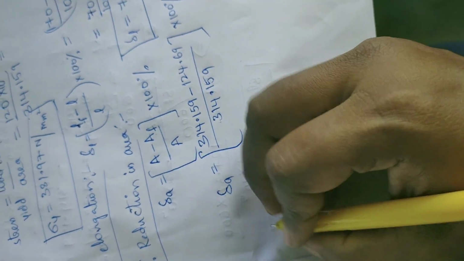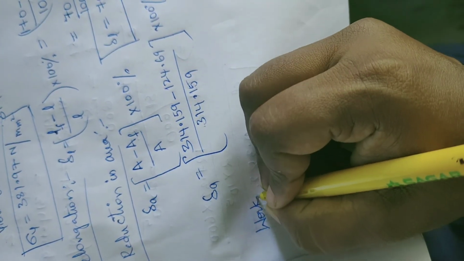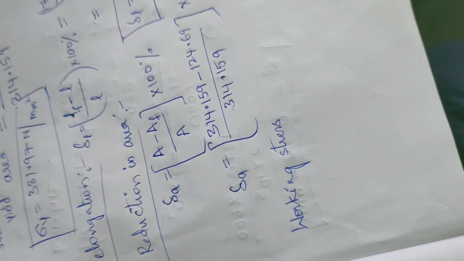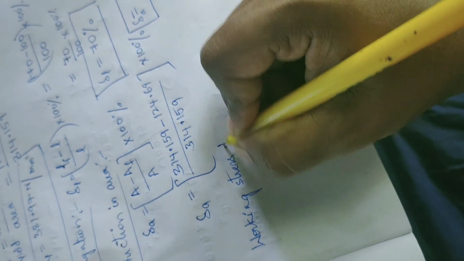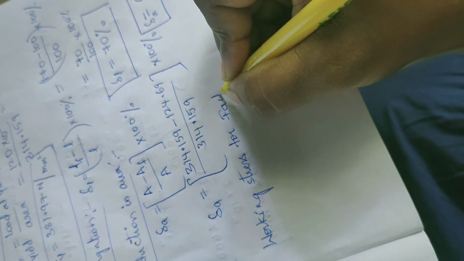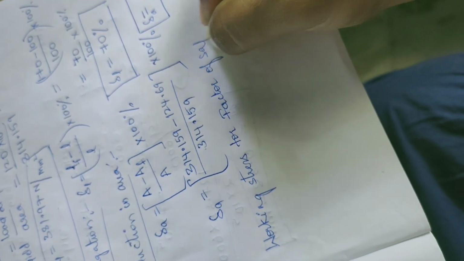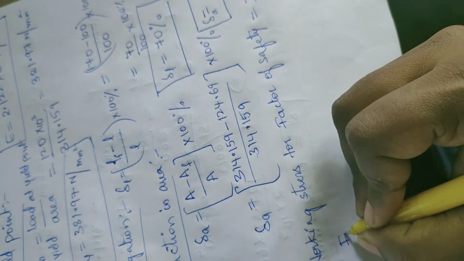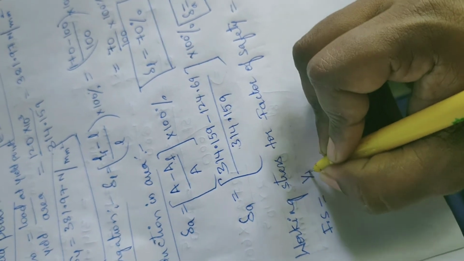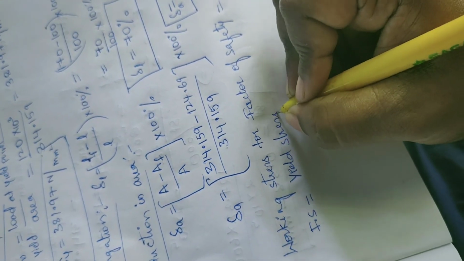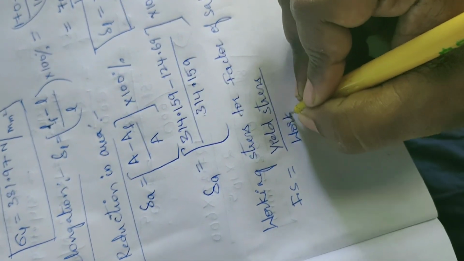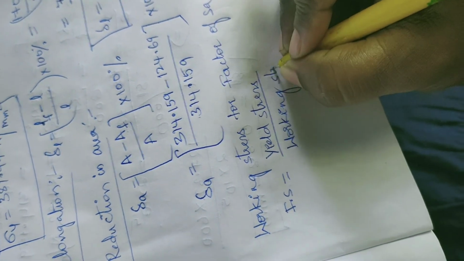Now the last one is the working stress for a factor of safety of 3. We know that factor of safety is equal to yield stress or ultimate stress by working stress.